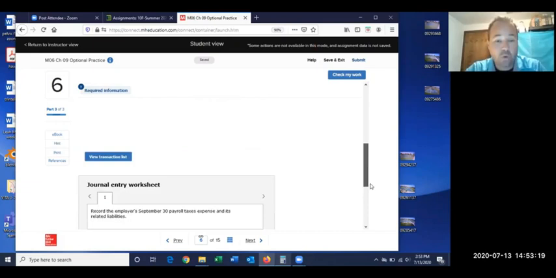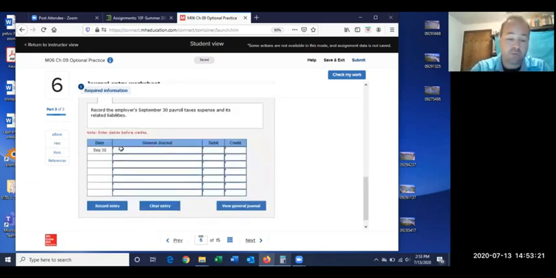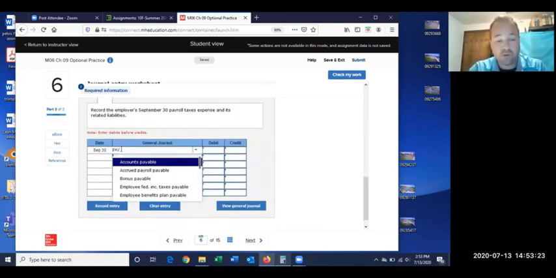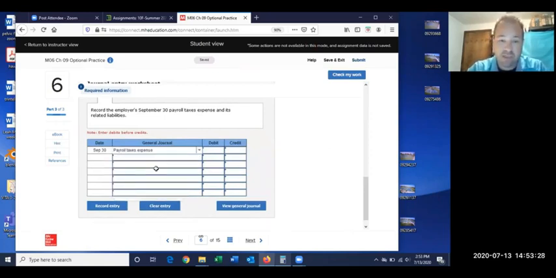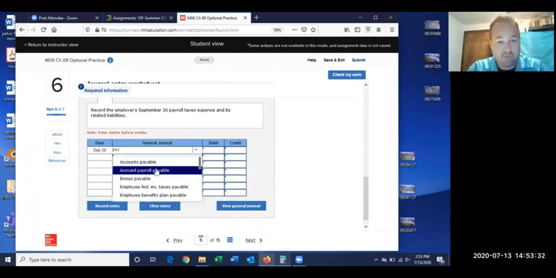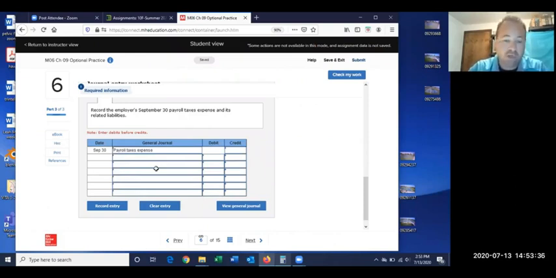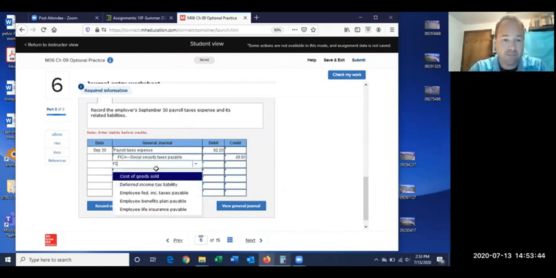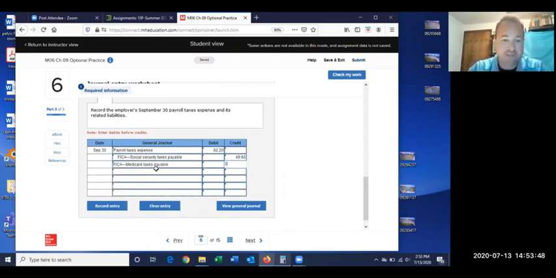So it's 82.20. So when I do the part 2 of the journal entry, I do my payroll tax expense for the 82.20. Then take out those 4 items. Social Security was 49.60. Medicare was 11.60.